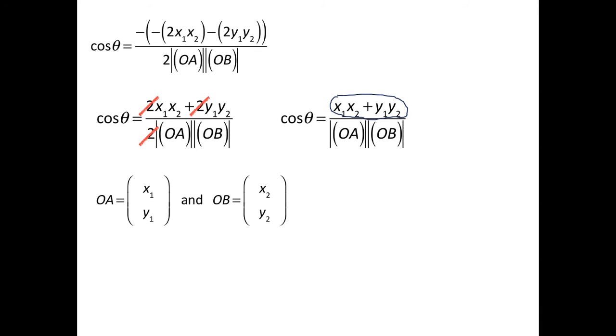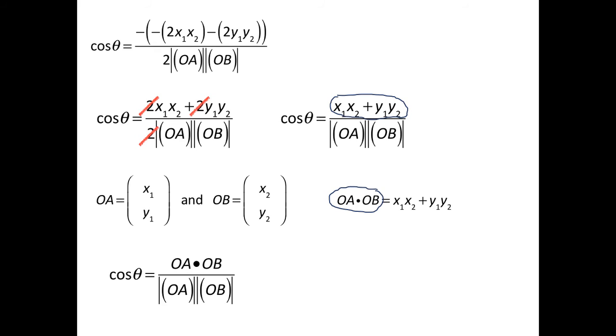So if I multiply this by this and then add this times this, it's the dot product between two vectors, which I write as this. So I'm going to replace this top line here with this. The dot product can go in there, and I'm almost finished. What I've actually got is this.